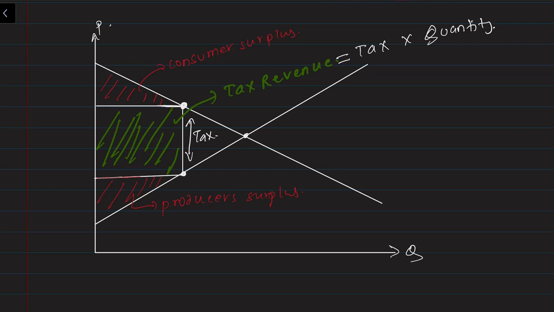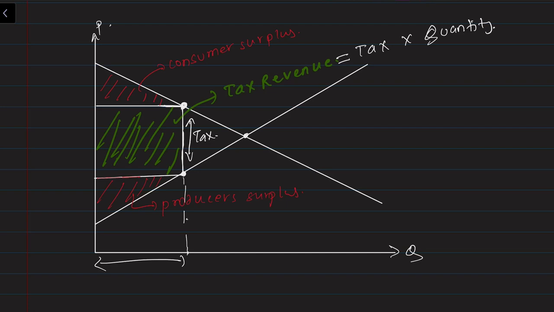Okay, so this is our quantity. All right, this whole thing is our quantity and this is our tax. So tax times quantity is tax revenue.